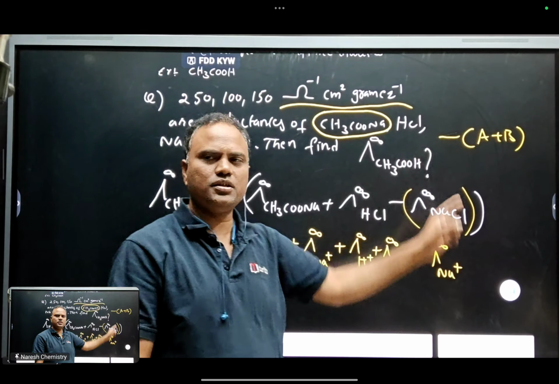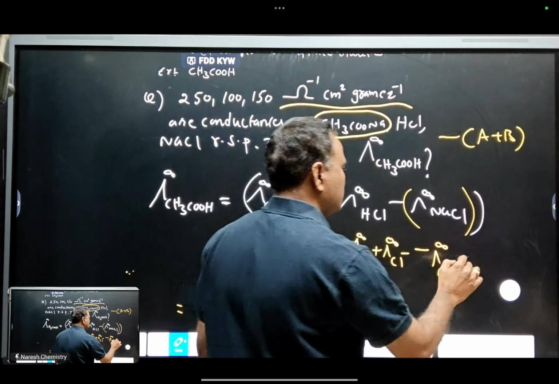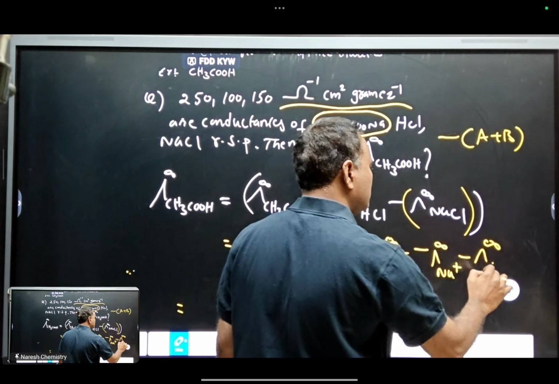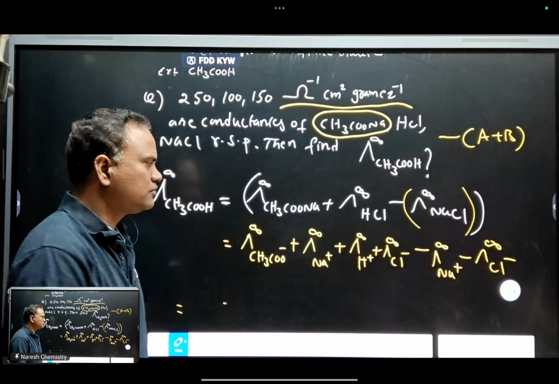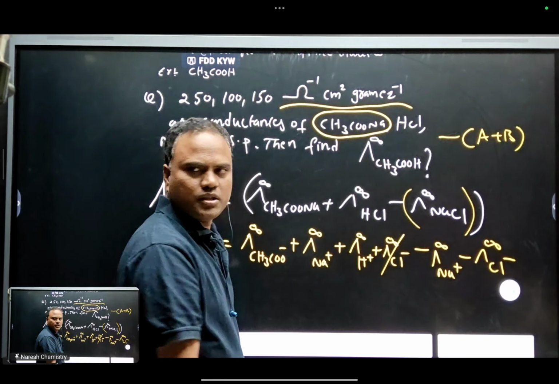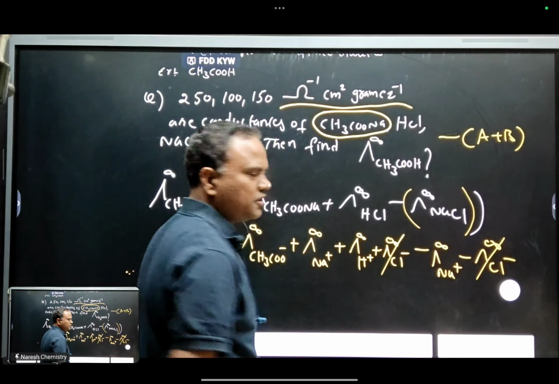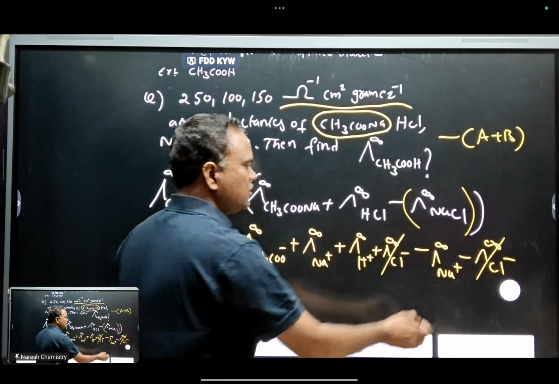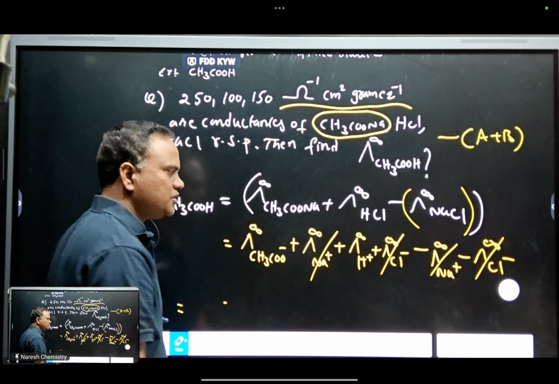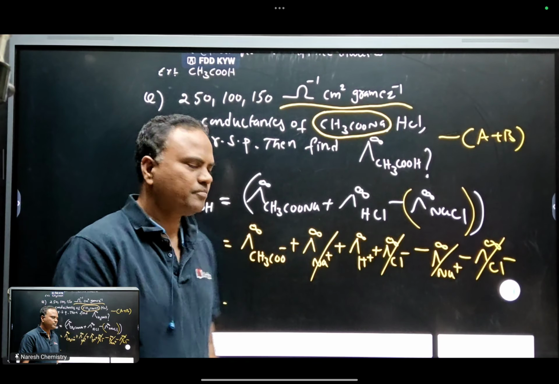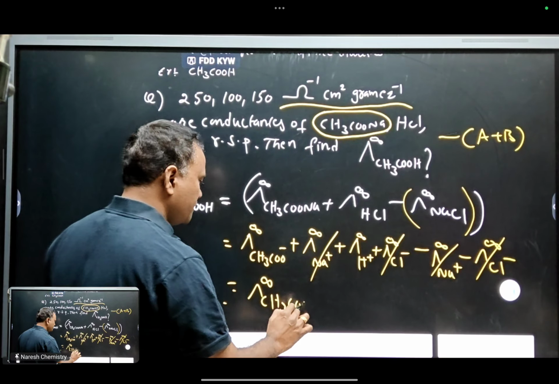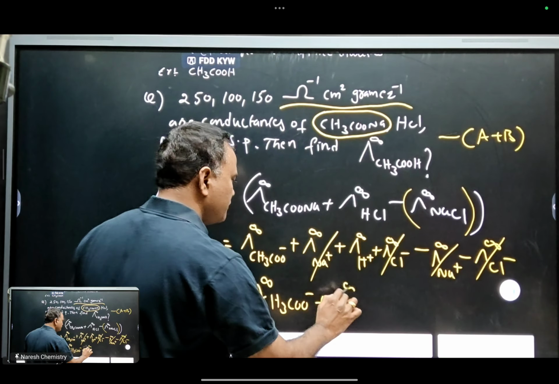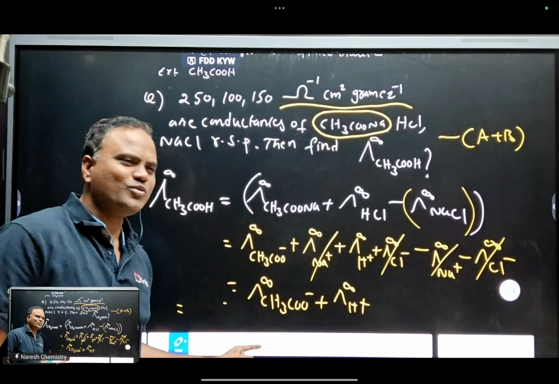Minus of A plus B, both will get minus or not? What are common? Cl minus, plus and minus cancel. Na plus, plus and minus cancel. What about the remaining? Lambda infinity of CH3COO negative plus lambda infinity of H plus. Add these two, what you will get?